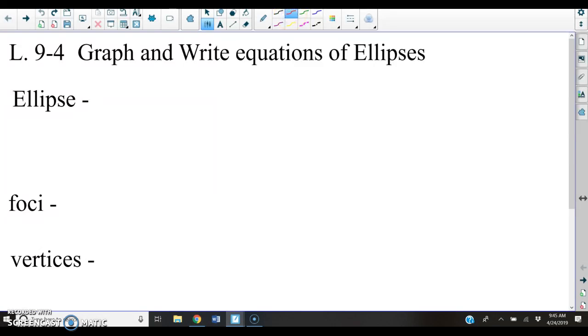This lesson, we're going to work with ellipses. Again, we're going to keep the center of our ellipse at the origin.